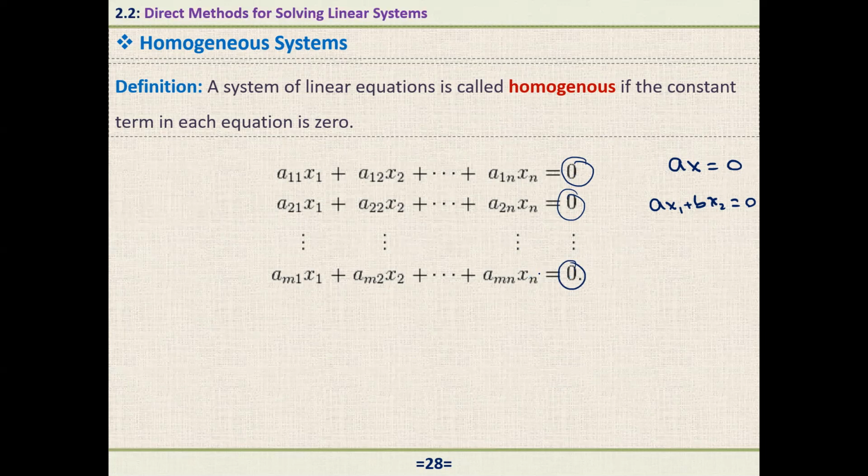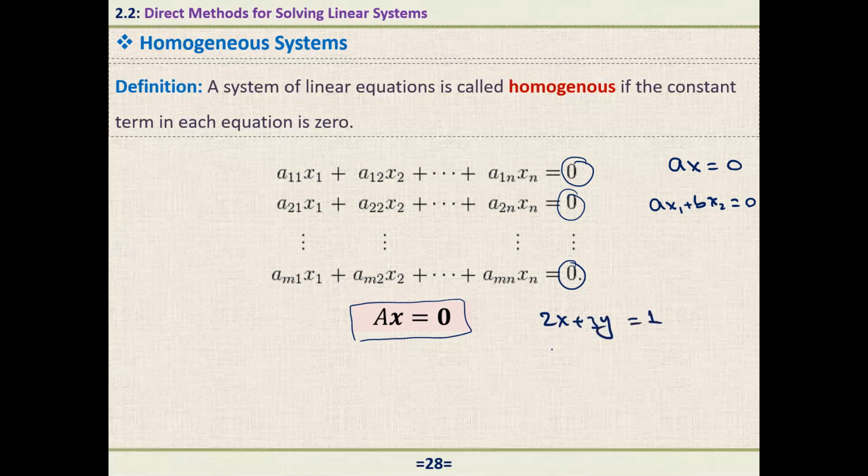Okay, but in very compact form, how can you write this? If you denote the coefficient matrix by capital A, the unknowns by X, and on the right-hand side we have the zero vector, that is how we denote the whole system in compact form. For example, let's say we have 2x plus 3y equals 1 and 5x minus 7y equals 8.